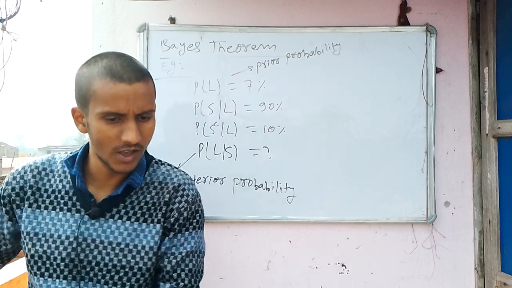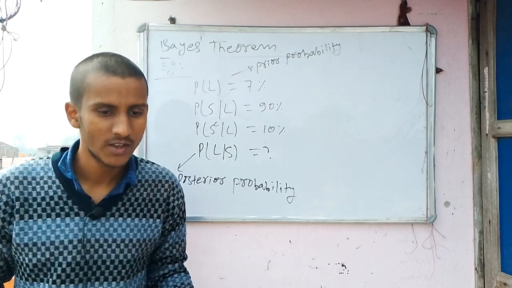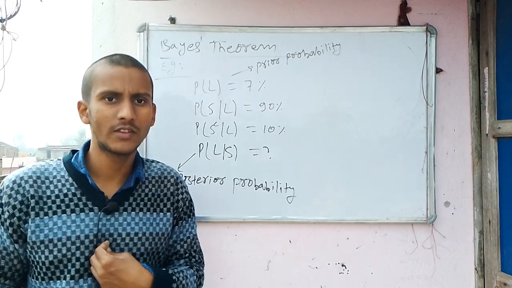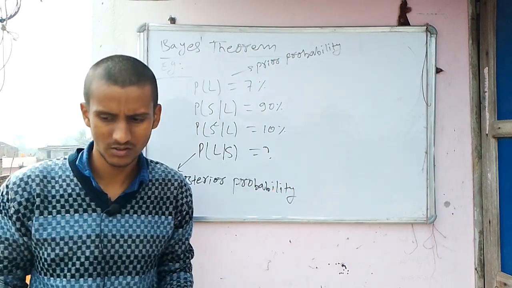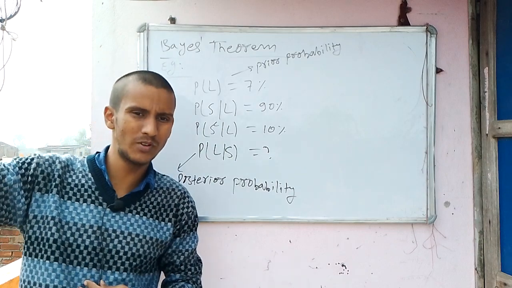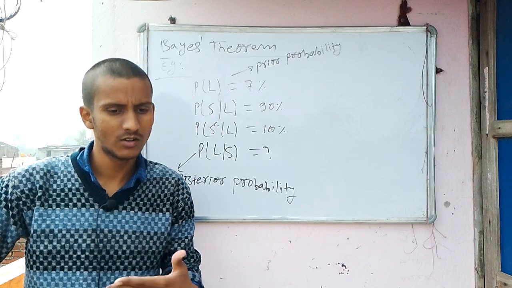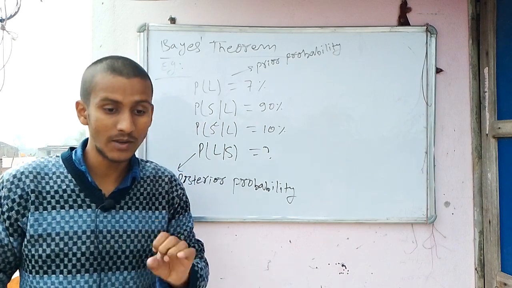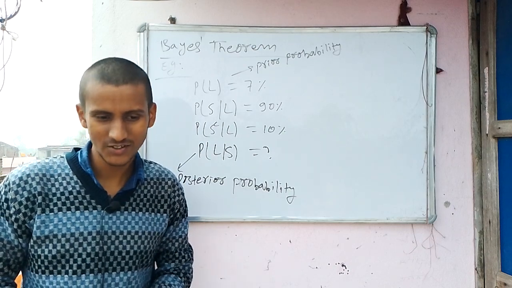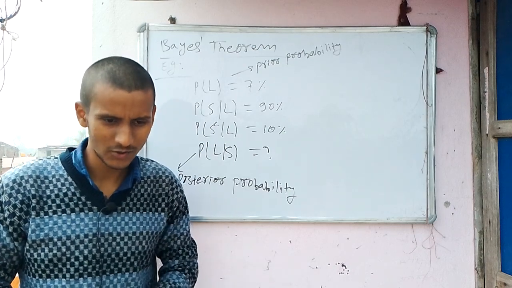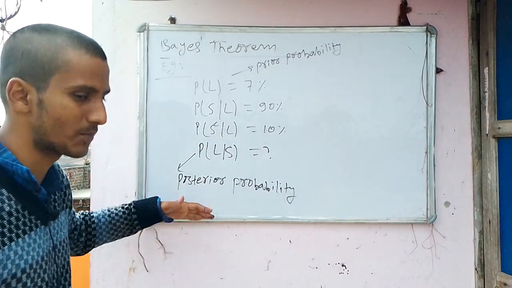He has the initial belief that most probably it is a weird thing, but as he sees the sun rising daily, he becomes more confident that this is normal. It's not something weird. So his perception has changed. This is what Bayes' theorem is. It changes your perception.